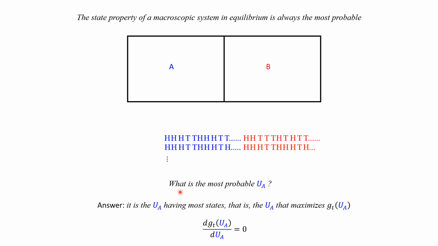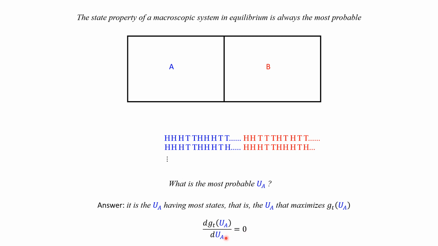So the question, what is the most probable energy, is reduced to the question, what is the energy with most states, which is reduced to the question, what is the energy that maximizes the multiplicity, which is reduced to the question, what is the energy at which the derivative of the multiplicity with respect to the energy is zero.